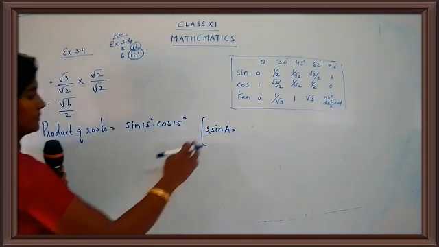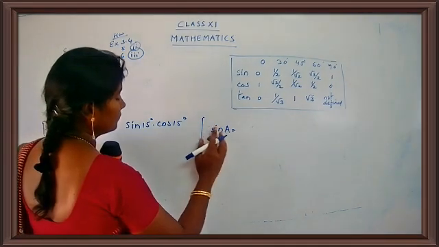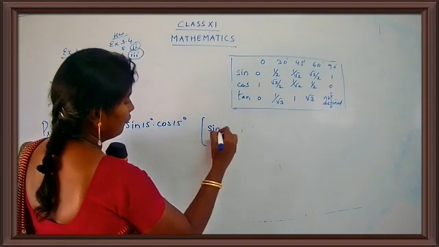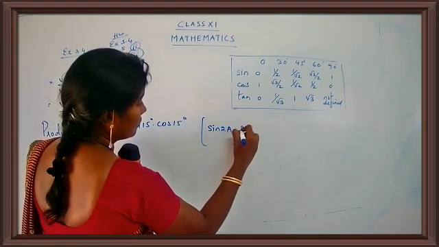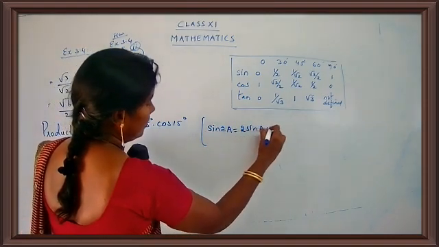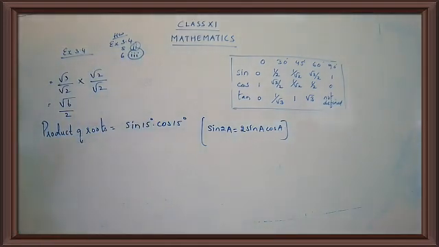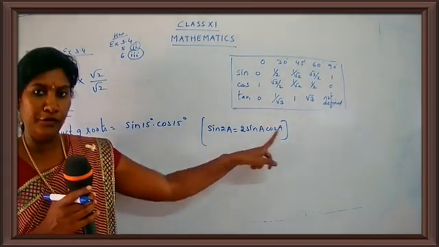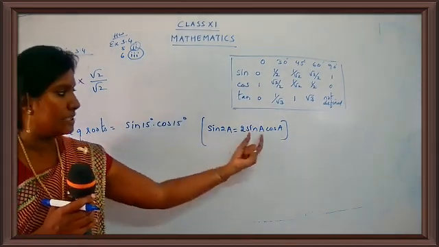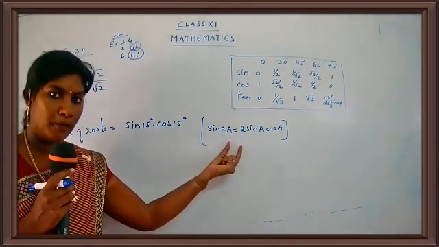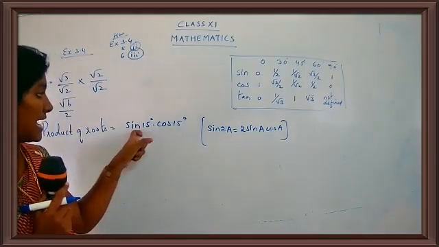Sine 2A is equal to 2 sine A cos A. That means if you have 2 into sine A into cos A, you can write this as sine of 2A. Getting my point? Just see here, children, we have sine A cos A.